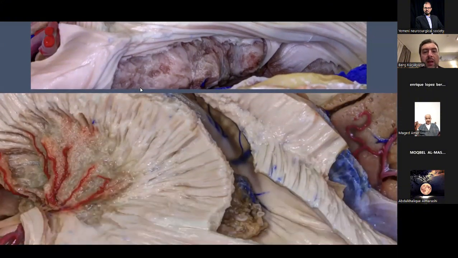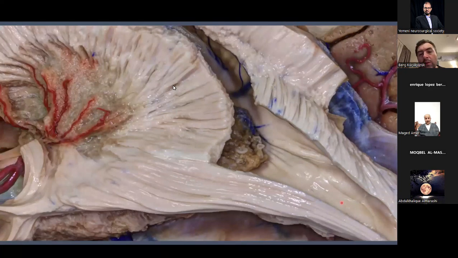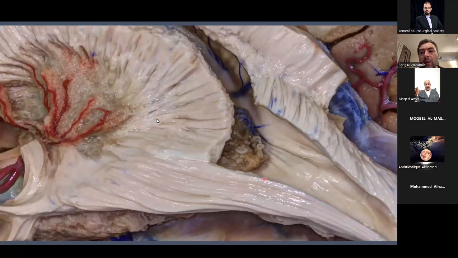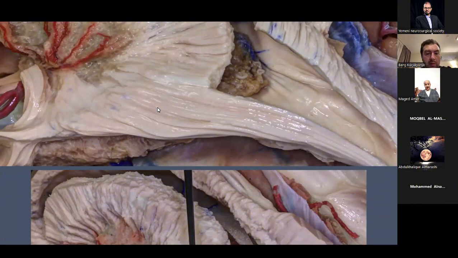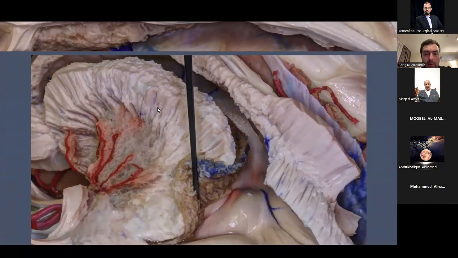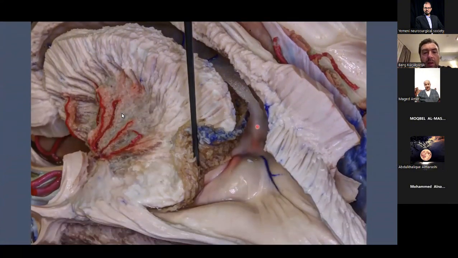Here we see again. And now I removed the tapetum fibers, and then we begin to see the atrium of the ventricle. There is a lateral ventricle, and then there is the atrium of the ventricle. Then we see the choroid plexus.